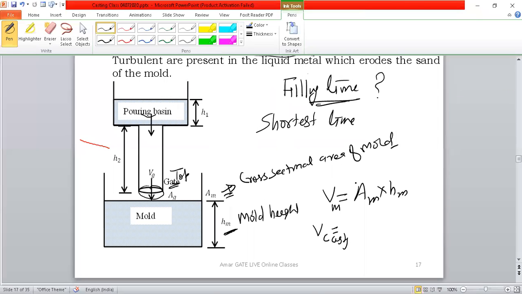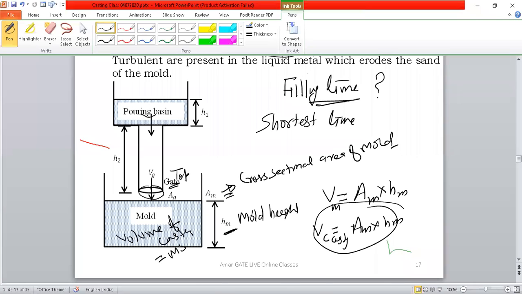If it is circular or a cylinder, you can find it similarly. So you know the volume of the casting or mold is equal to AM into HM.